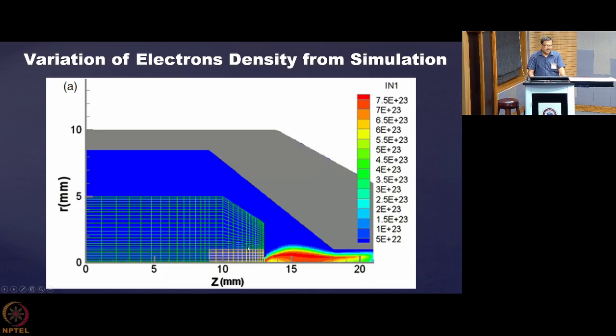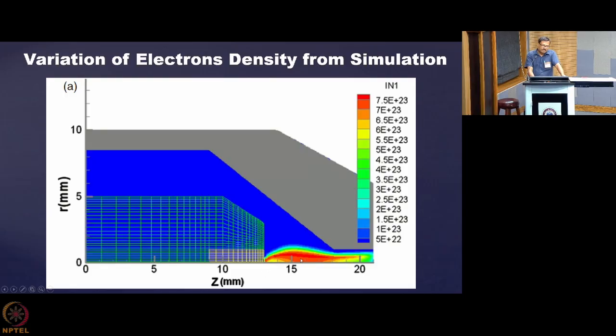This interesting plot is showing you the distribution of the fast ions, IN1. Now you know that maximum is 23, and when you come to the yellow region, that is quite less. This is a very nice distribution. It says that near the core in the center you will be getting lower distribution of the fast ionized state.